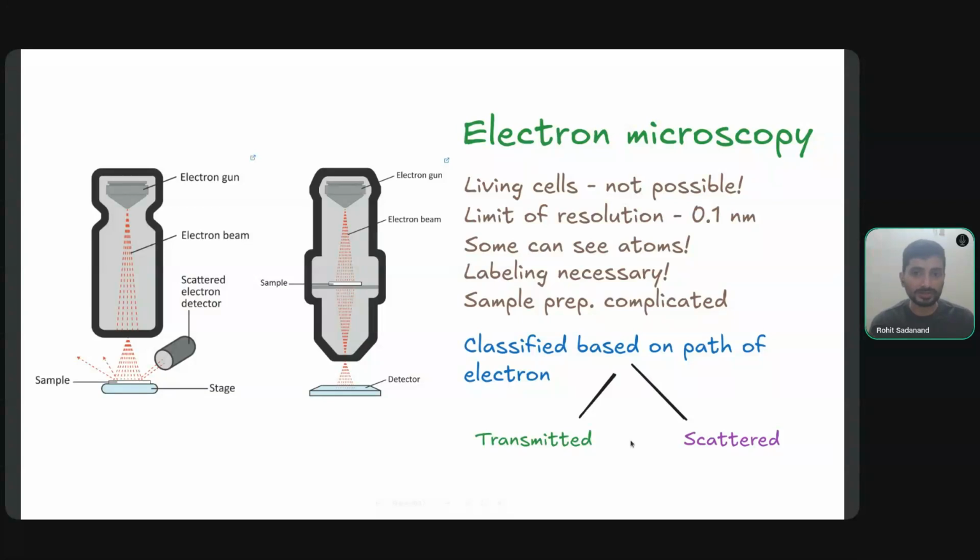So obviously you cannot observe living cells in a vacuum, and so for electron microscopy, living cells are not suitable.